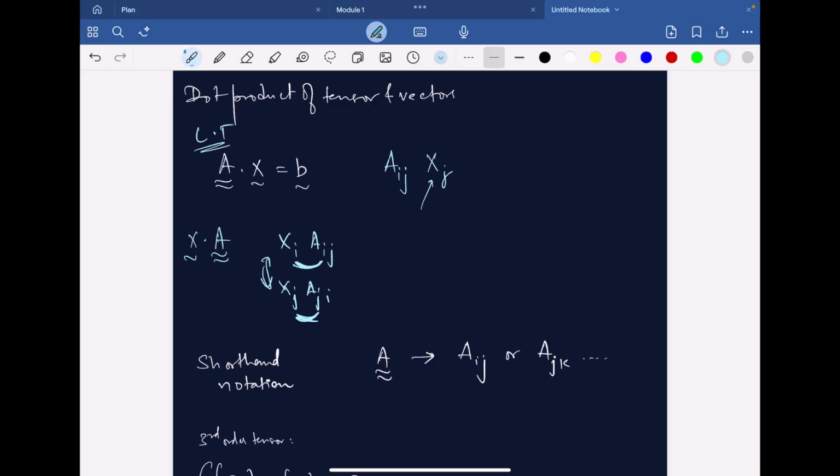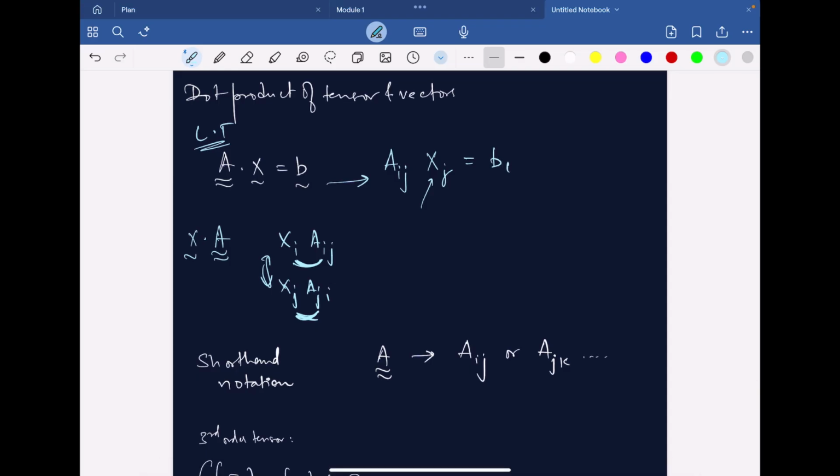Okay, in this case you have Aij Xj, and this should be equal to, again, if it was a class, I would ask a question, would it be Bi or Bj? And the answer is that it is Bi. It cannot be Bj, because the repeated index is already summed over, right? So it will be Bi, and again Bi is a vector.